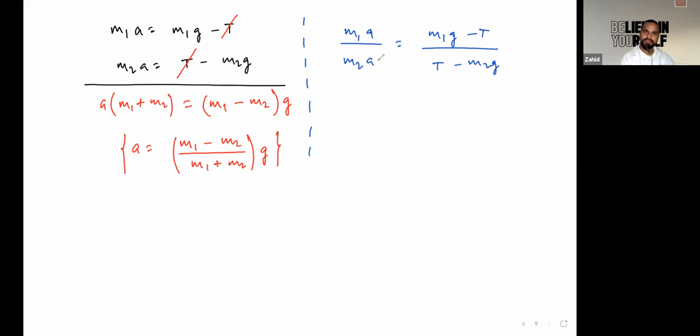So this a and this a would cancel out. So you will get m1. Move this term to the other side. In cross multiplication, you will get is equals to m2.